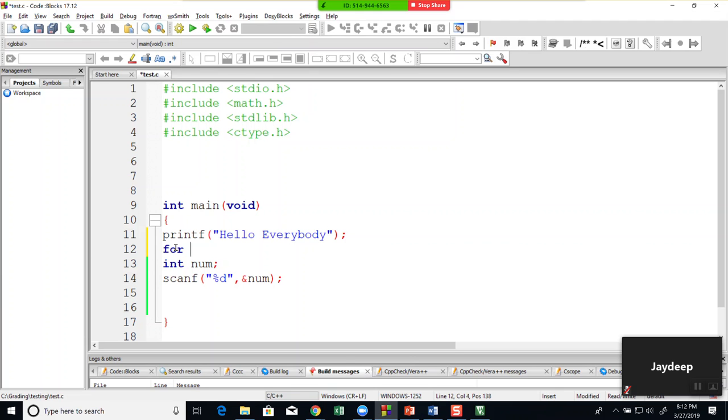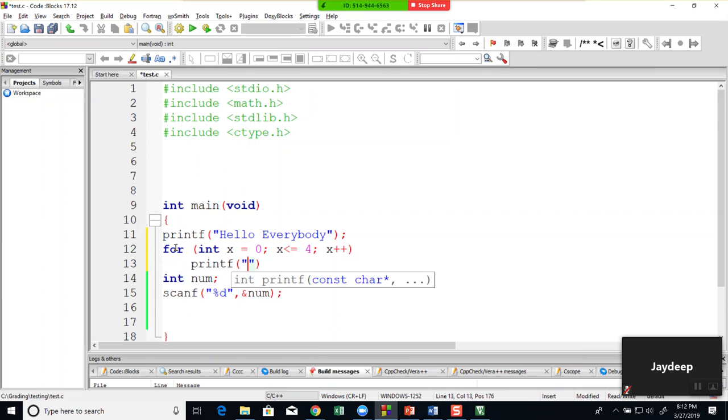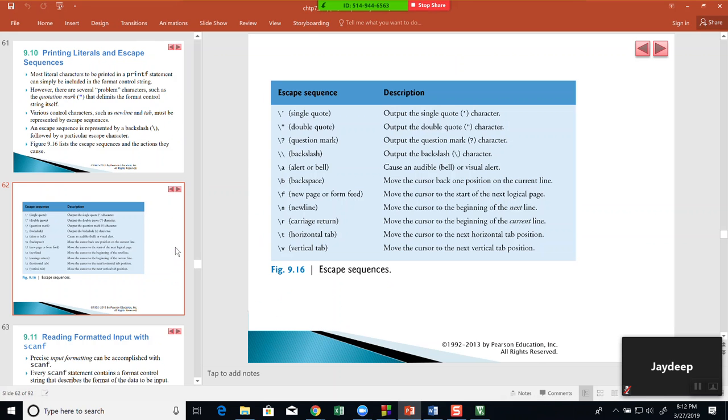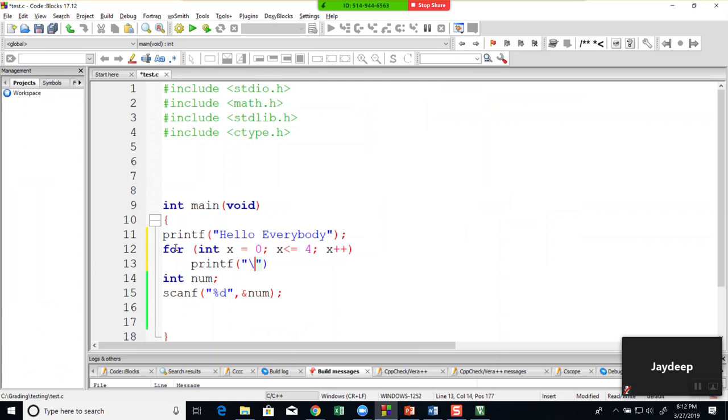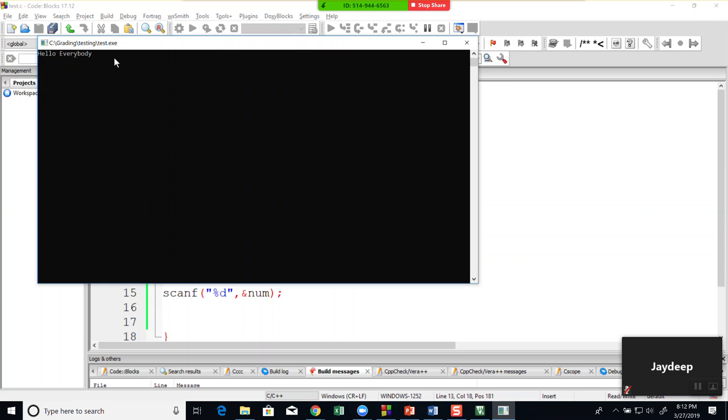But then I could have a for loop, int x equals 0, continue while x is less than or equal to 4, x plus plus, printf, is it percent or slash? Slash b. So it went back four.